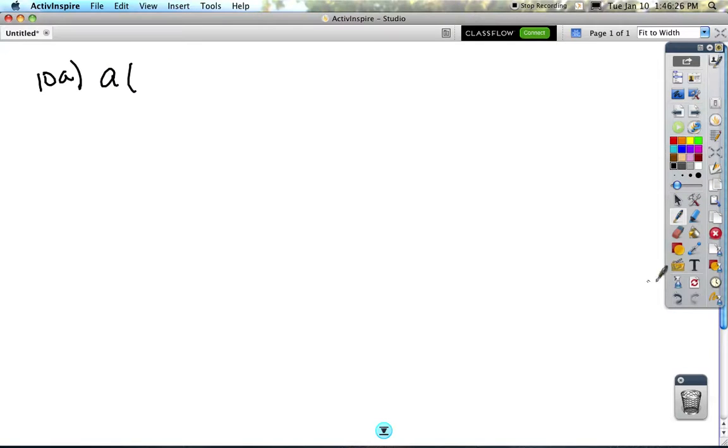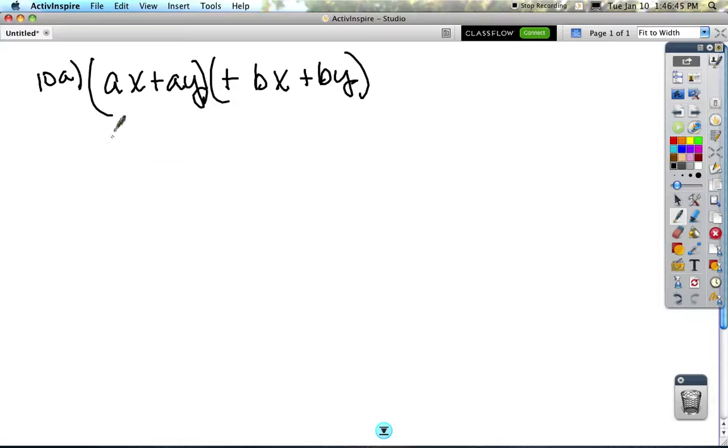So you have got a set of 4 terms. Can you tell me when it says to factor completely, what you do? Group them. Okay, and then what are you going to take out of the first group?